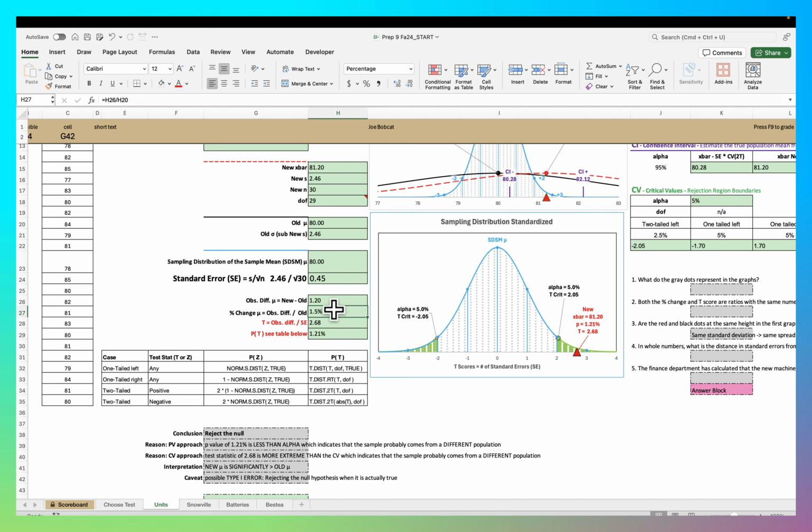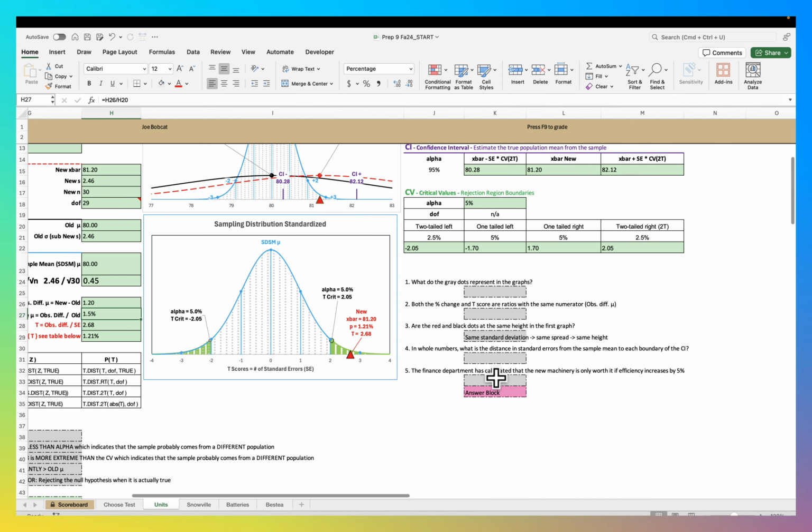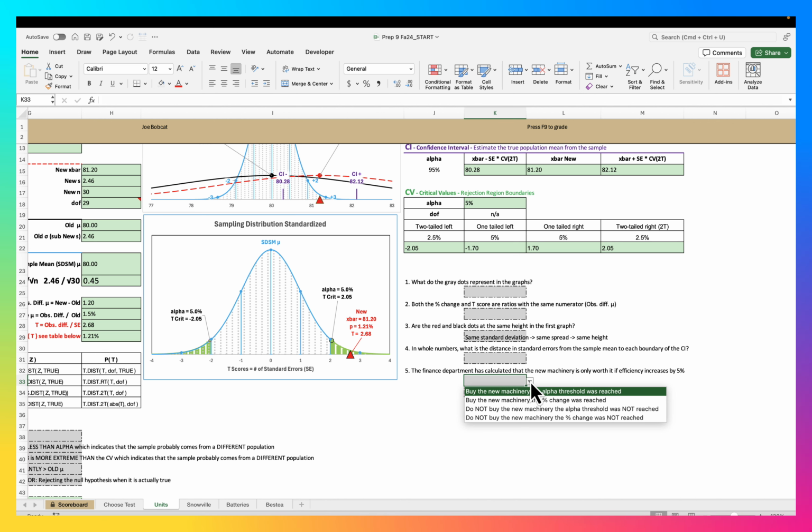Remember, percent change 1.5%. So, yeah, 1.5% is significant, but is it meaningful? And that's where this question comes in. The finance department has calculated the new machine is only worth it if efficiency increases by 5%. Well, efficiency only increased by 1.5%, not 5%. So, do not buy the machinery.